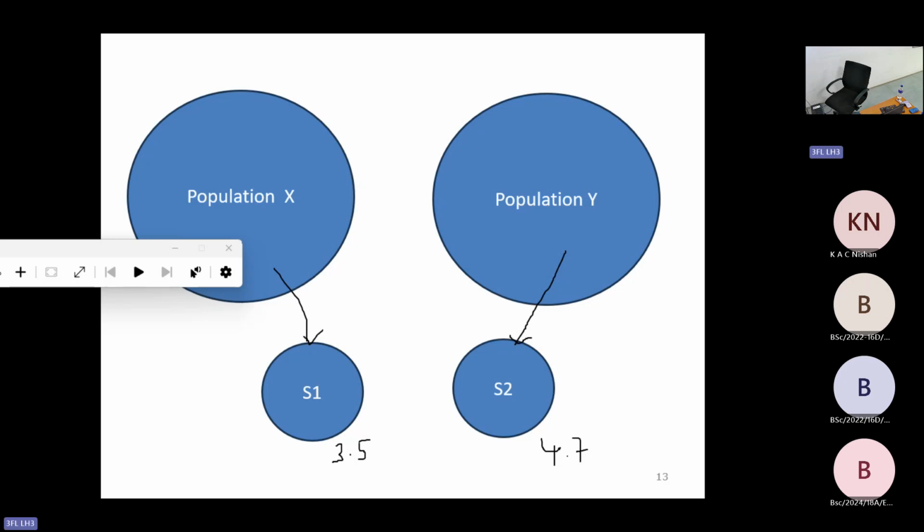Now in our example, the trained sample mean is 9.7 errors, and the untrained sample is 15.1. Can you tell me, are these two samples coming from the same population or two different populations?